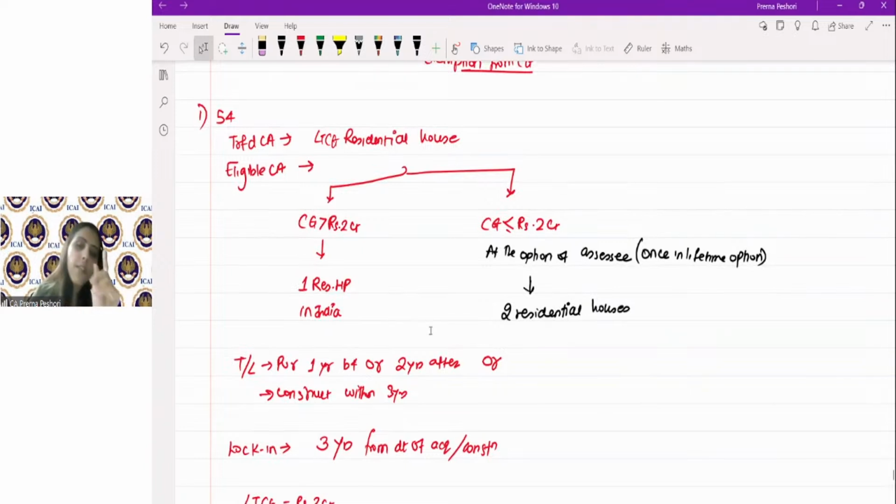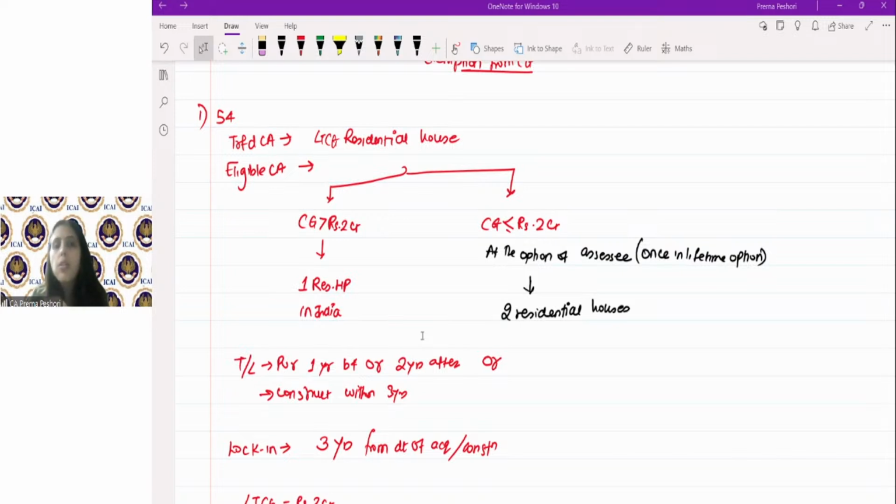If it is less than 2 CR, I have an option to invest in 2 residential house properties. But if my capital gain is exceeding 2 CR and I can only invest in 1 residential house property, then the question is, if I have purchased 2 flats which are adjacent to each other, and let's say have a common balcony, or a common entrance, whatever.